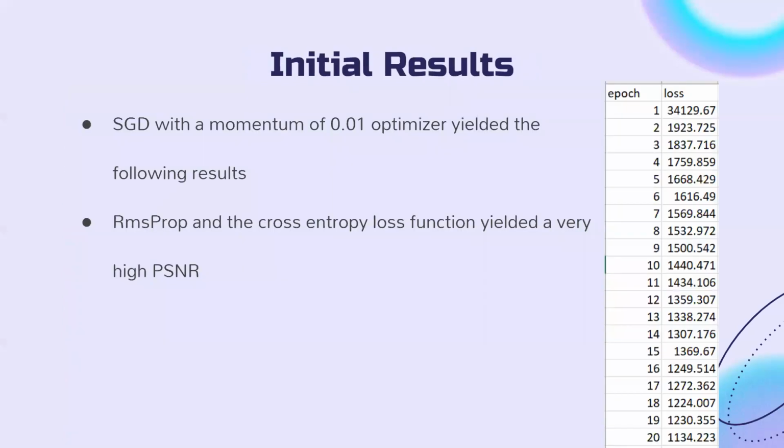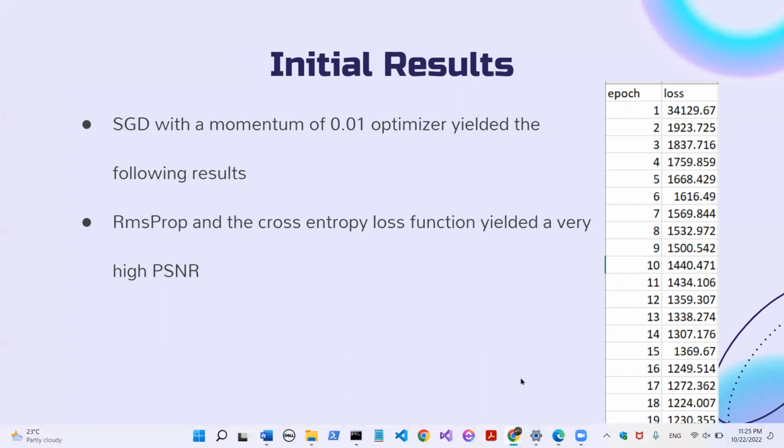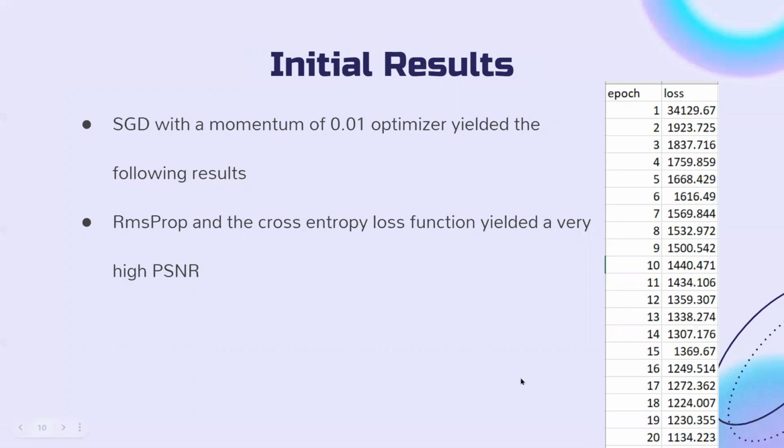When we tried stochastic gradient descent with a momentum of 0.1 as an optimizer, we got the least noise level after the 20 epochs, which was 1,134. And when we tried RMSprop as an optimizer and cross entropy as a loss function, we yielded not a number as a result, which means that it was very high.